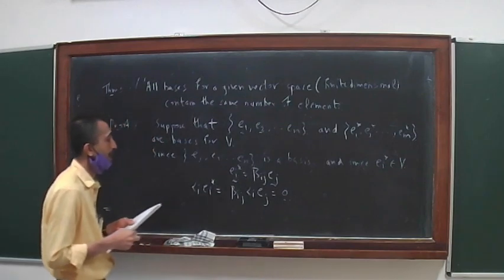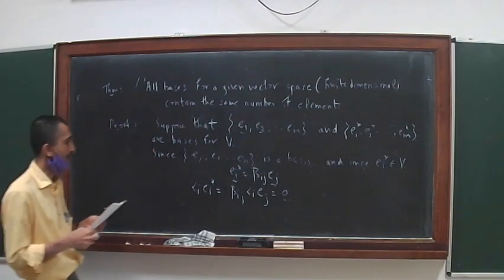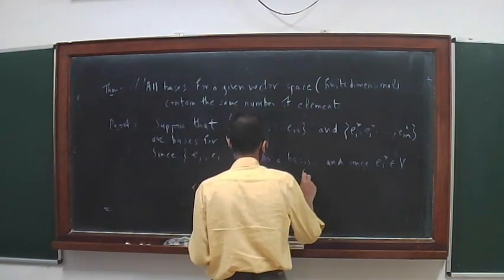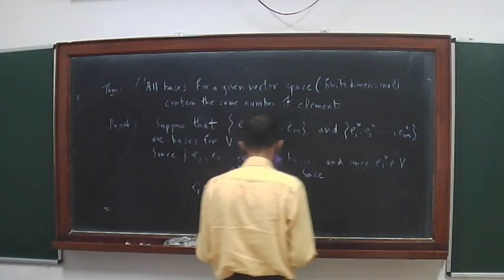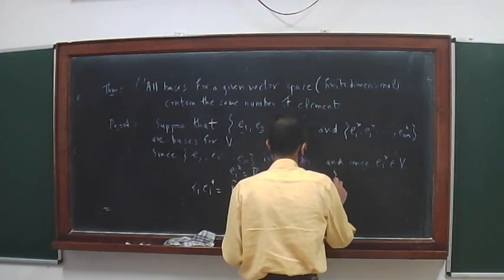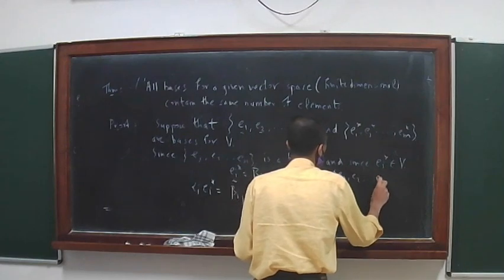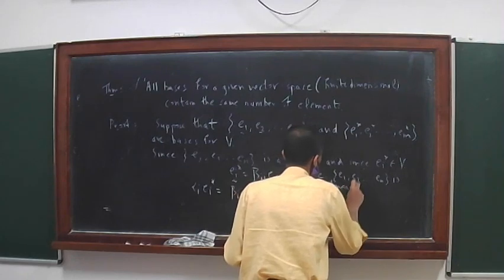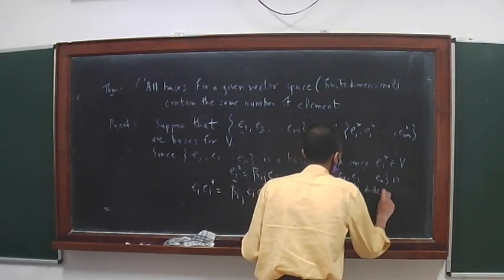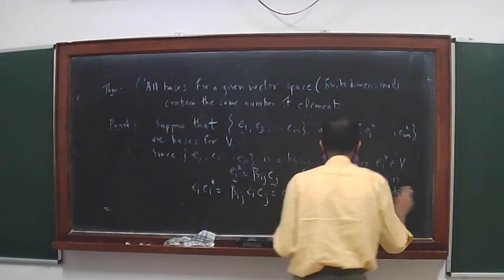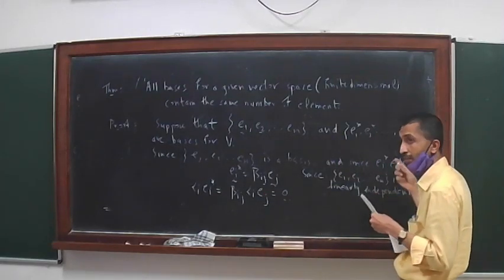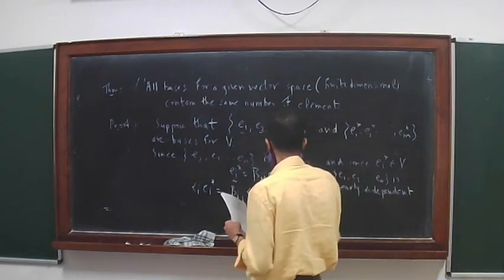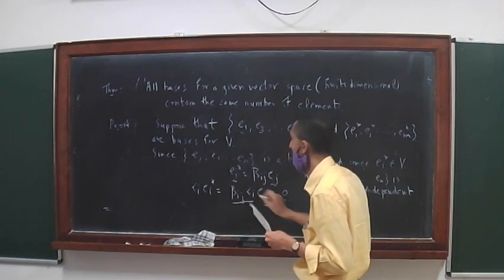Then by the linear independence of the Ej's, since E1, E2 and so on is linearly independent, because it's a basis, by definition, these coefficients have to go to 0.